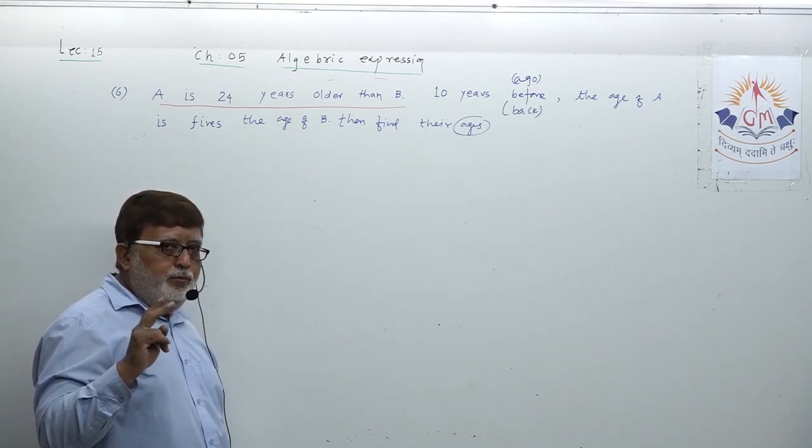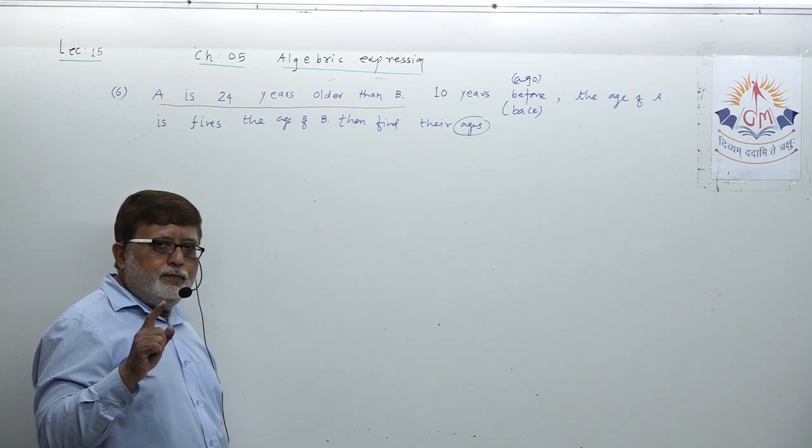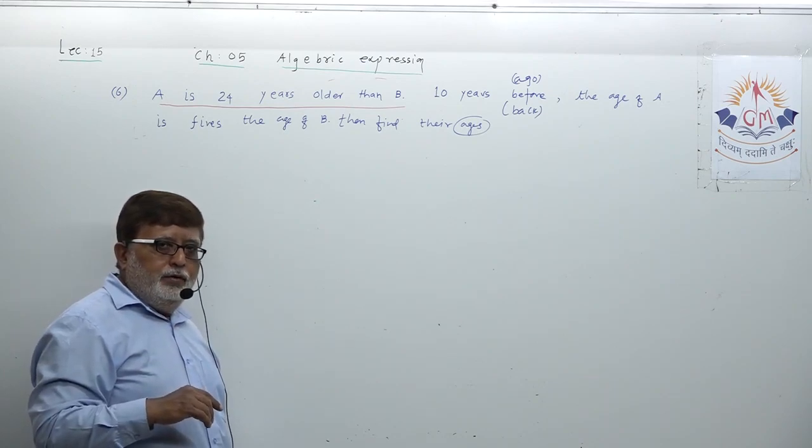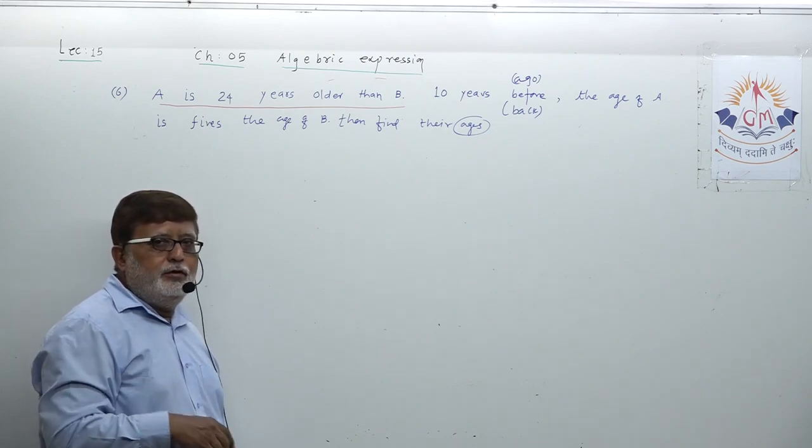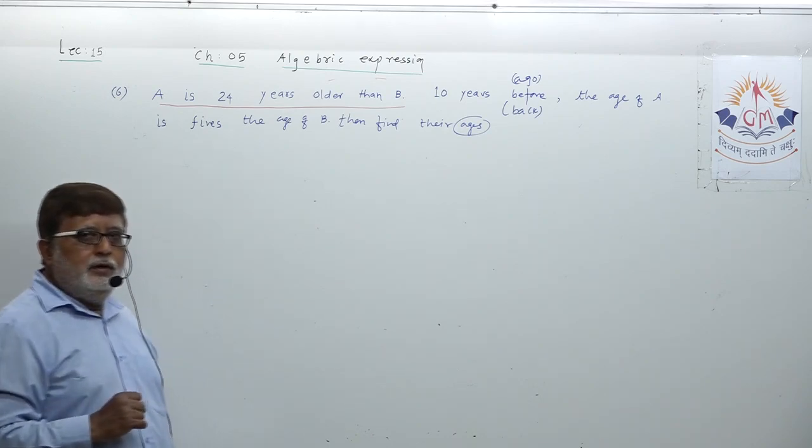Out of 2 persons, A and B, the age of one person we have to compulsorily suppose as x.